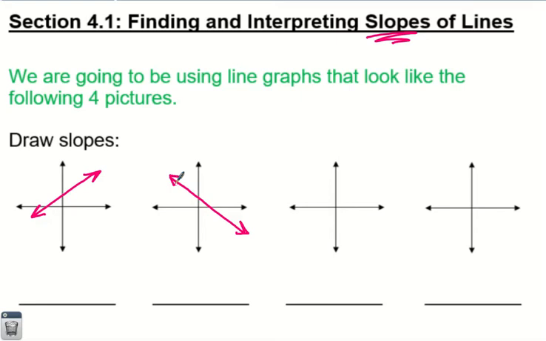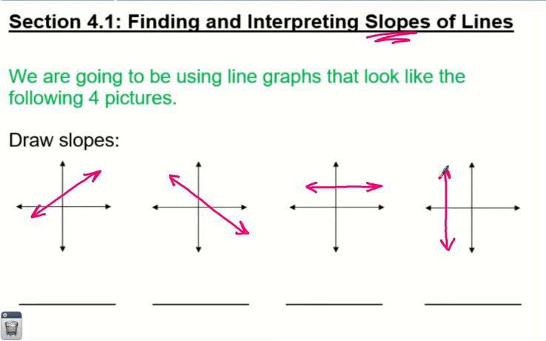In the third scenario we have a perfectly horizontal line. And in the fourth and final scenario we have a perfectly vertical line. Okay?